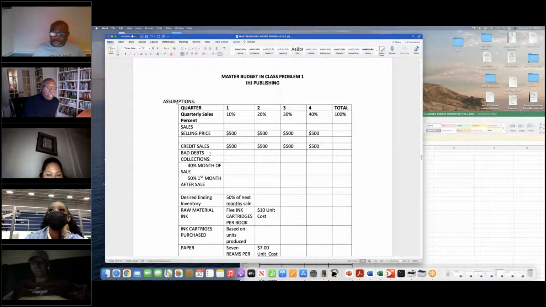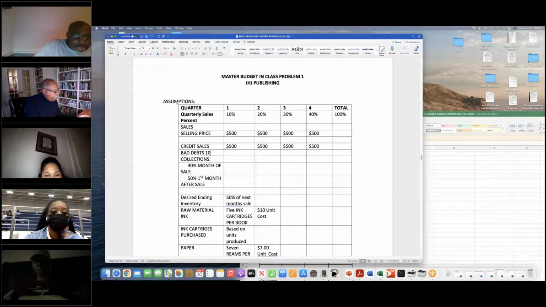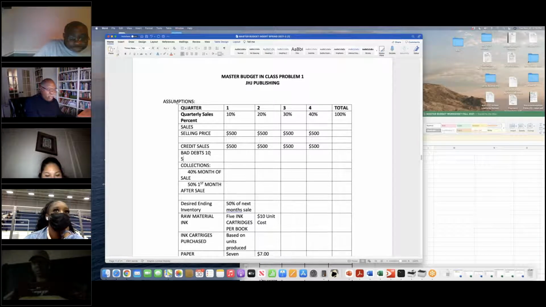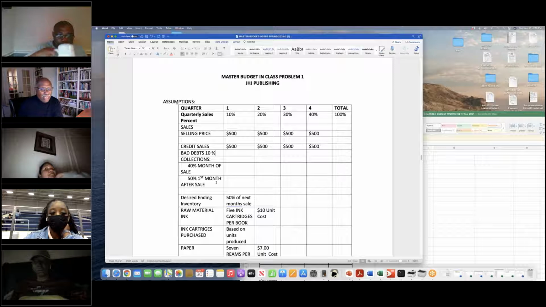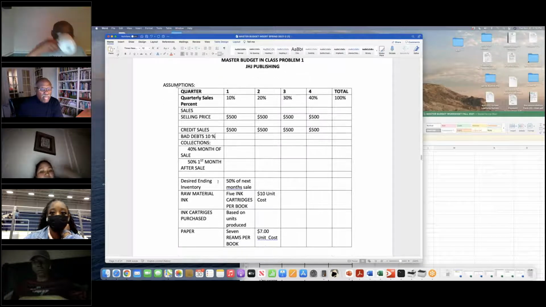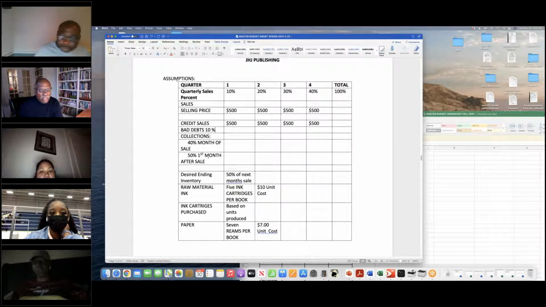If we're collecting 40 and 50, then the bad debts is 10%. Then we collect 40% in the month of sale, 50% in the month after sale.